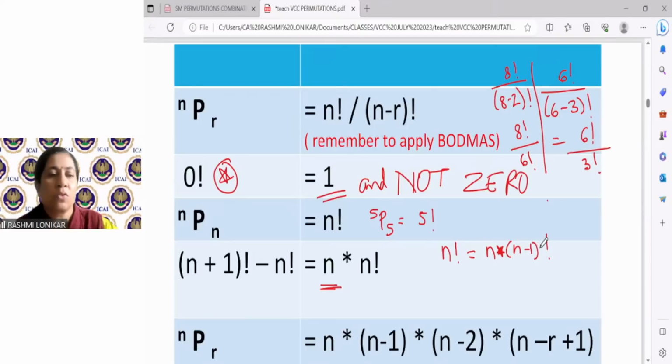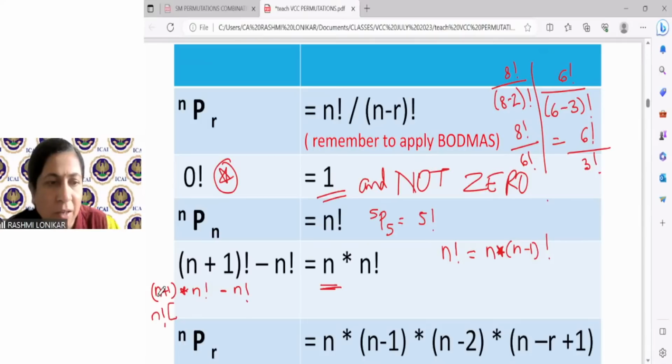Okay. So here what will happen if I want to expand this? Now (n plus 1) factorial can be written as (n plus 1) into n factorial minus n factorial. Now what is common here? N factorial. So I take this n factorial outside the bracket.